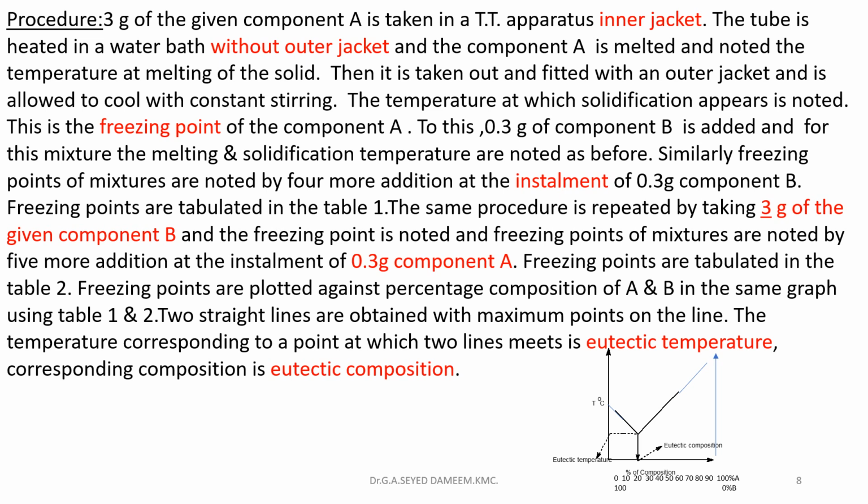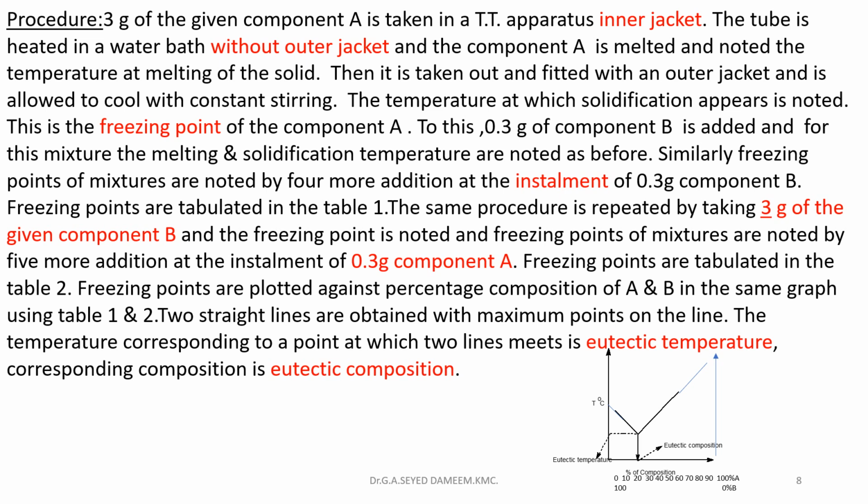Now the TT apparatus is washed well with water and drained, and the same procedure is repeated by taking 3 gram of the given component B, and the freezing point is noted, and the freezing points of mixtures are noted by 5 more additions at the installment of 0.3 gram of component A. All the freezing points are tabulated in table 2.